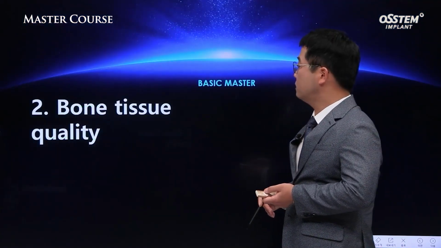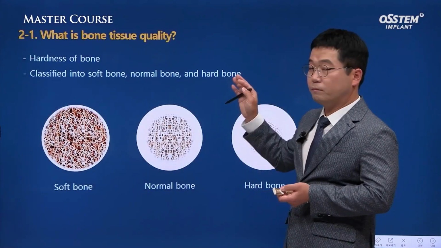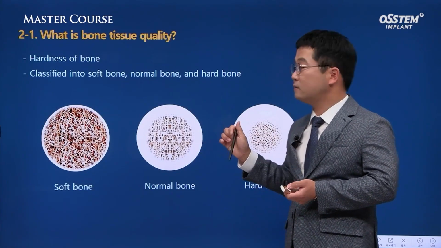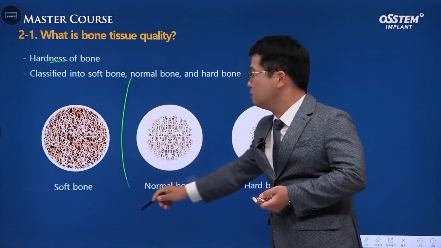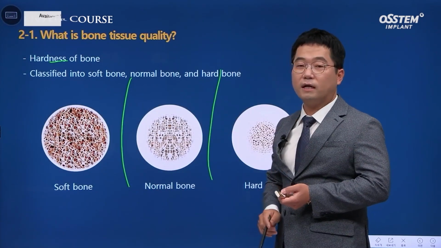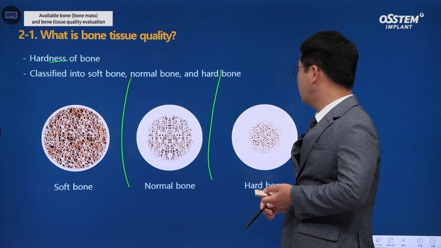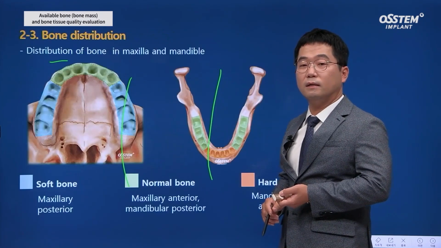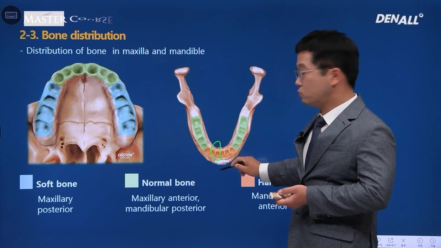Second is bone tissue quality. This is the hardness of bone. We cannot classify it clear-cut, but it can be largely divided into three: soft bone, normal bone, and hard bone. Depending on the site, in the case of lower anterior area, it's quite hard.